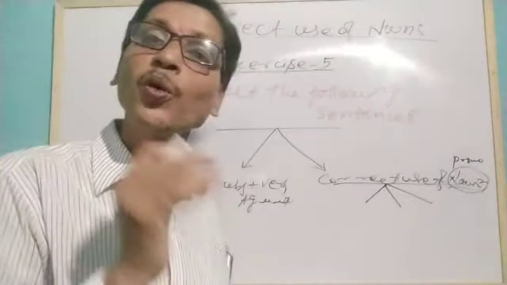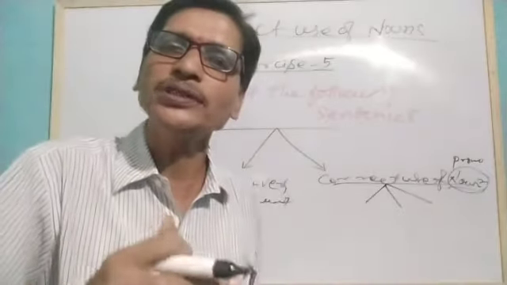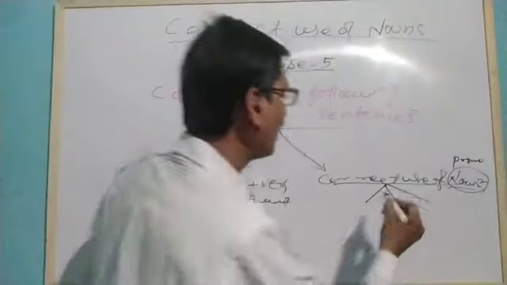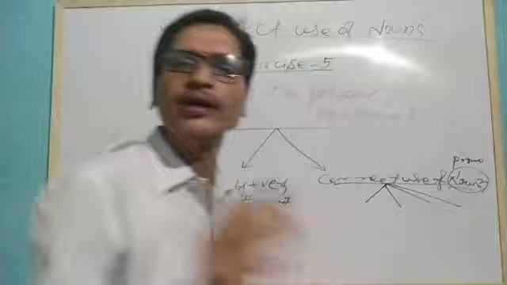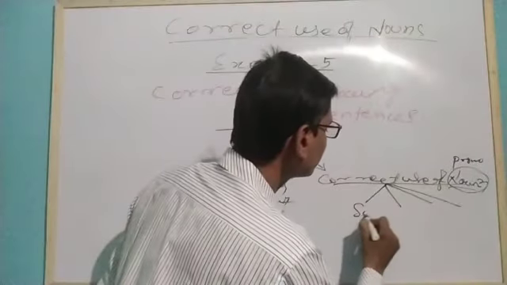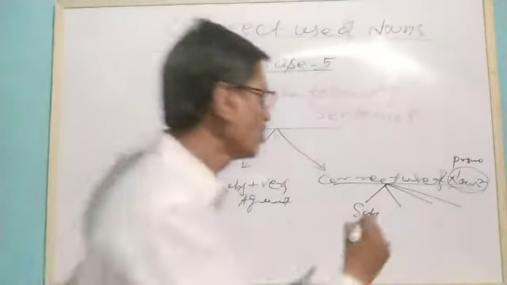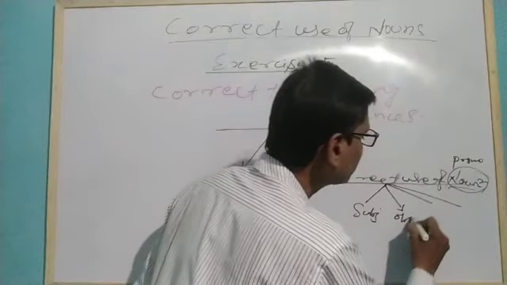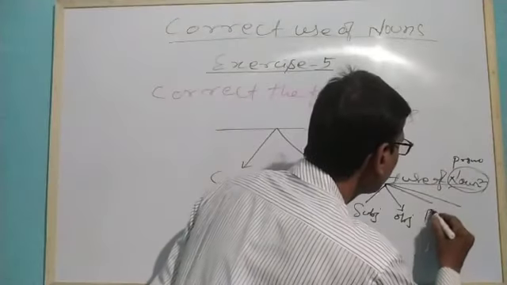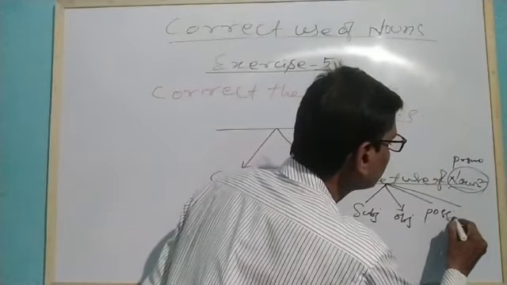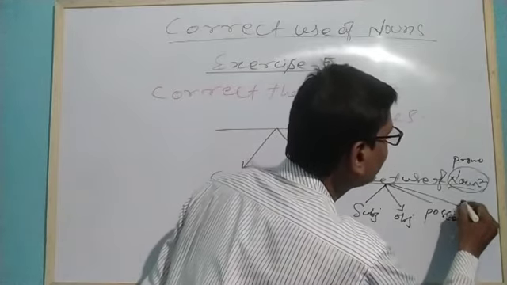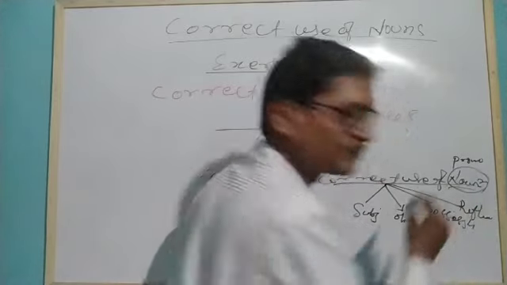Nouns as well as pronouns are used in four different ways: as a subject, as an object, as possessive, and as reflexive.